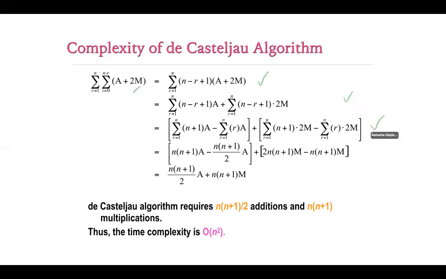You can use the formula for the simplification of this series and summation, and then you come up with the Casteljau algorithm requiring n times n plus 1 divided by 2 additions and n plus n times n plus 1 multiplications. So the complexity of the Casteljau algorithm will be big O n squared. That is pretty good.